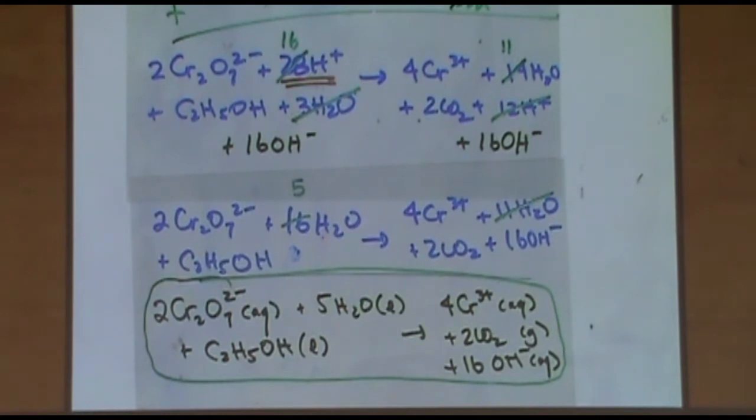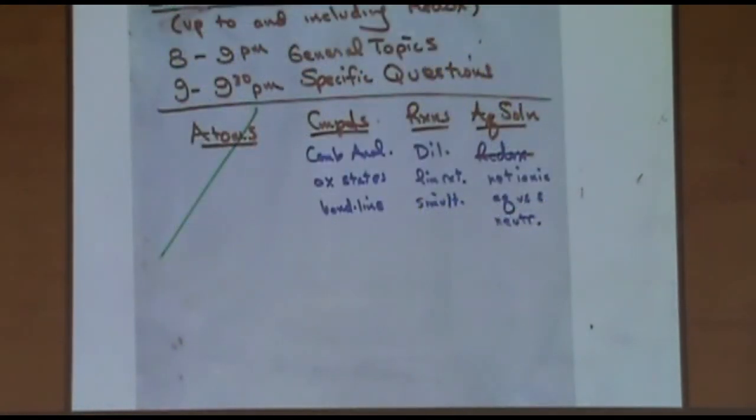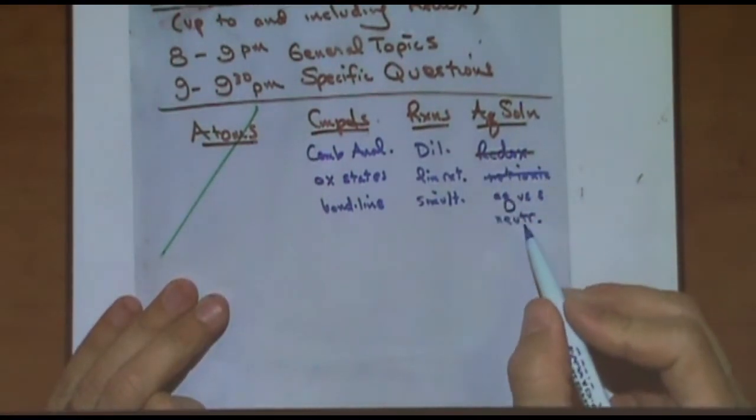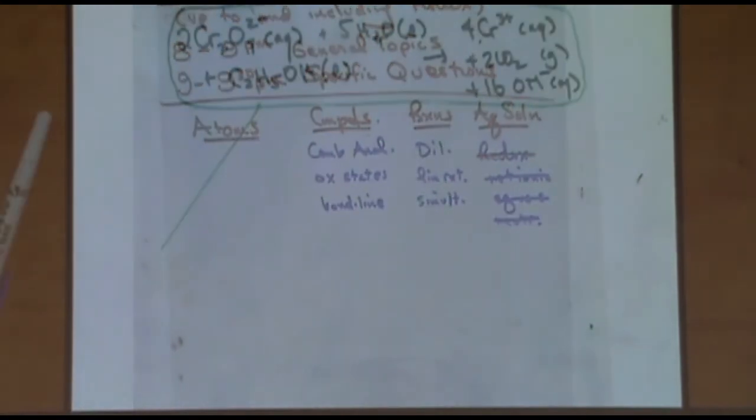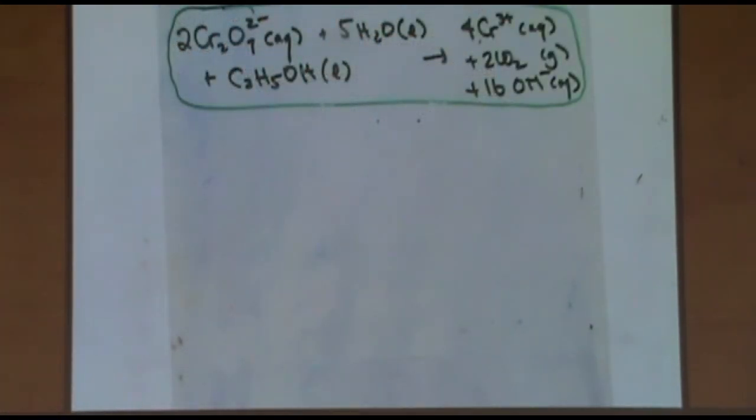Moving on. Oh, yes? Ms. Malone. Let's do net ionic, neutral. Let's do all three simultaneously. All right. Net ionic. Oh, yeah.